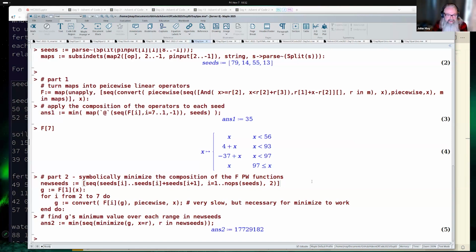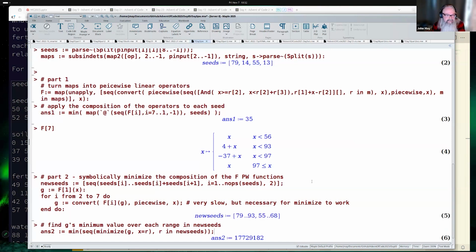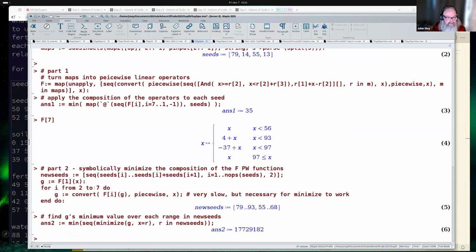That's annoying, but you can formulate it in Maple. It turns out minimize doesn't like getting a big nested piecewise function. So what I did here was I went through and composed them one at a time, and at each step I flattened them into a single piecewise function.